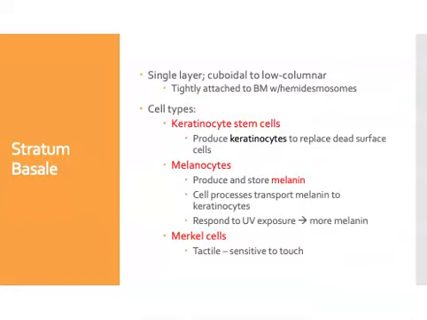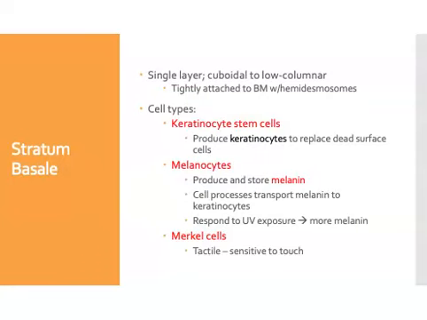So let's take a minute to talk about that base layer, the stratum basale. This is a single layer of cells, and when you look at these epithelial cells, the shape that they have is cuboidal. Now, sometimes when you look under the microscope, they look almost halfway between the cuboidal shape and the columnar shape.